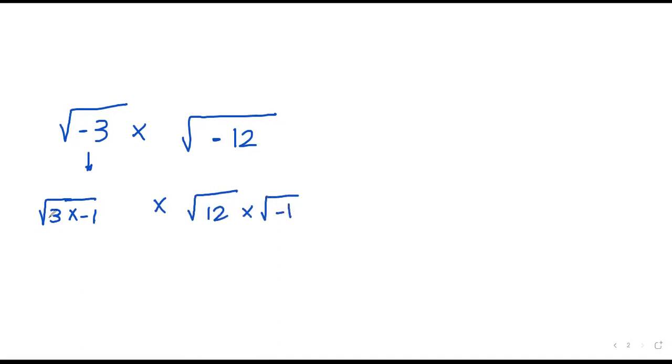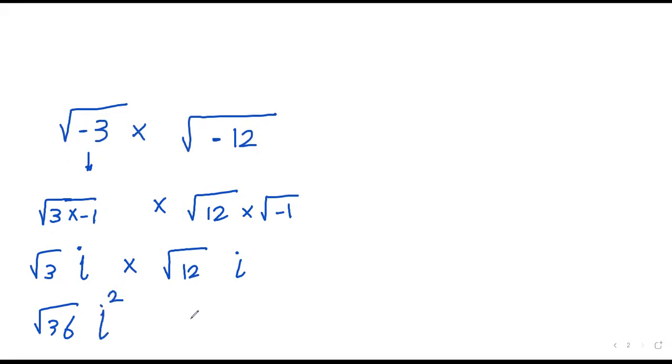So it's the square root of 3i multiplied by the square root of 12i. Now multiply 3 by 12, so it's the square root of 36. Multiply i by i, which is i squared. So the square root of 36 is 6, and i squared is negative 1. So 6 times negative 1 equals negative 6.